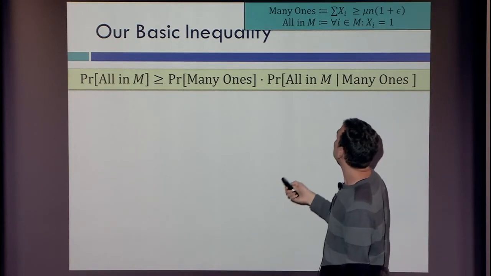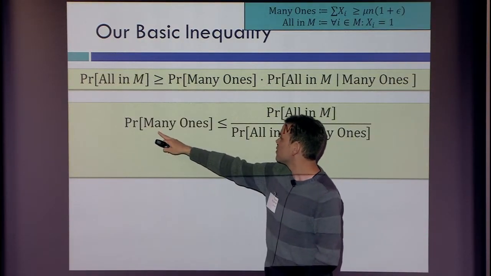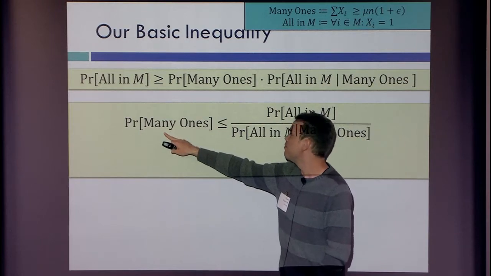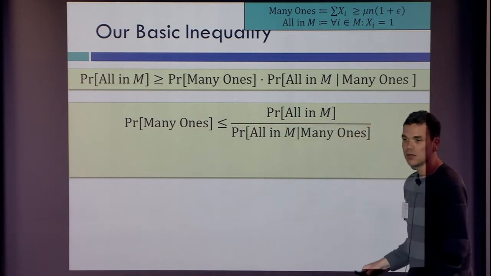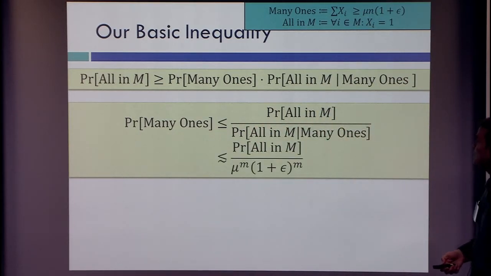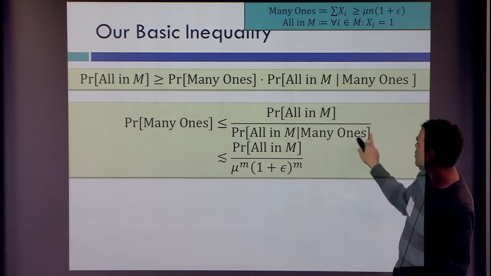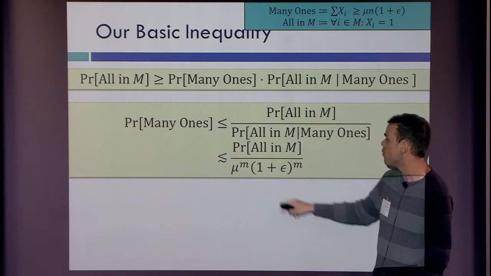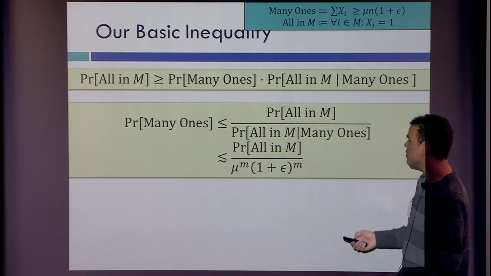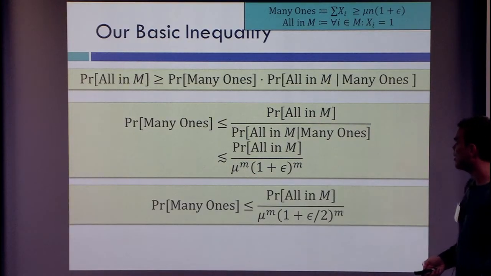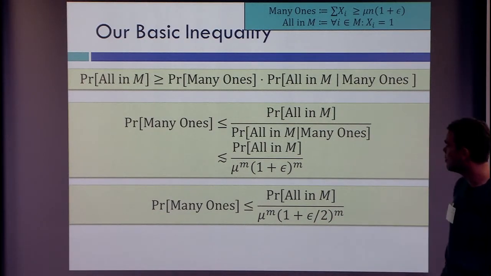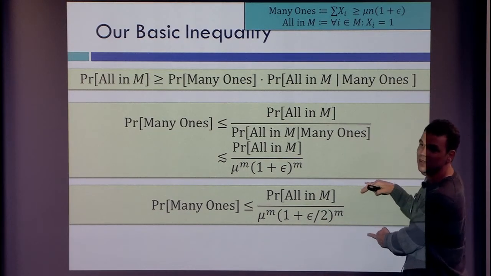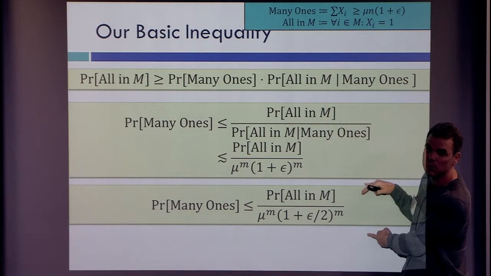What we really did is bound the probability that you have many ones by this quotient. In the second part we said this lower part can basically always be bounded by mu to the M times 1 plus epsilon to the M, or epsilon half to the M. And here I write epsilon half to the M. So this was the basic inequality which we used.